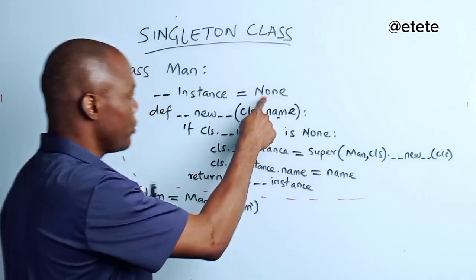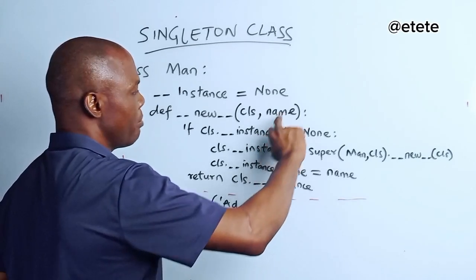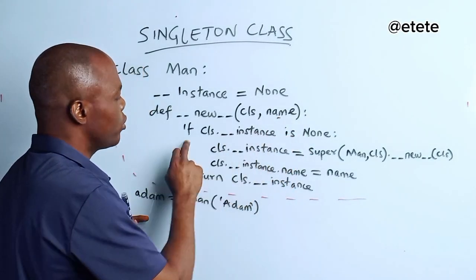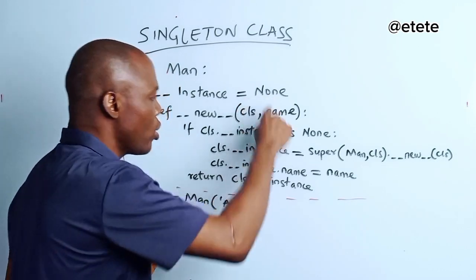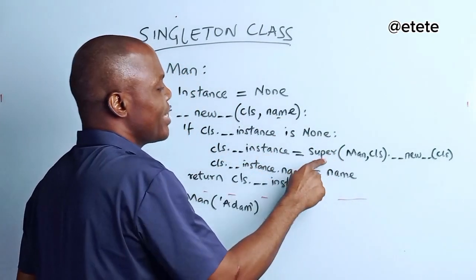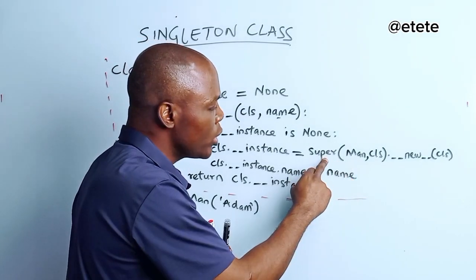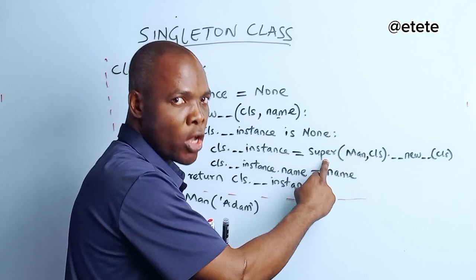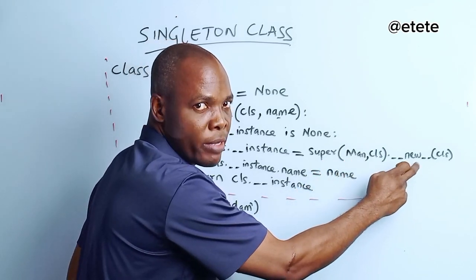Now, once this is done, this Adam will come here. Instance is already set to None, so it will now come into this class. This Adam will be given to name. When it goes in, it will check if CLS.instance is None, which is true. It will go into the if statement and create an instance for this class. Using this super method, it will create a proxy object, which will give access to call this method.